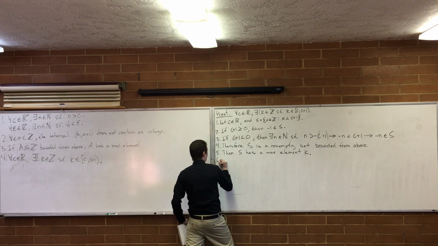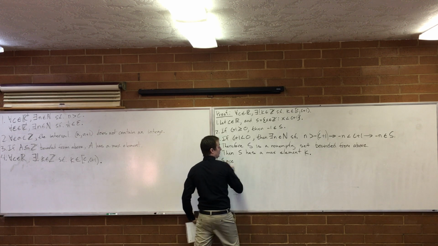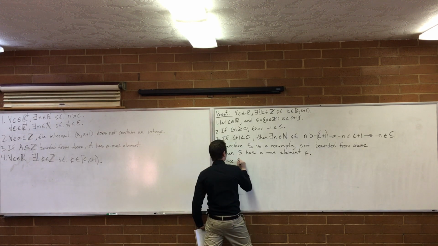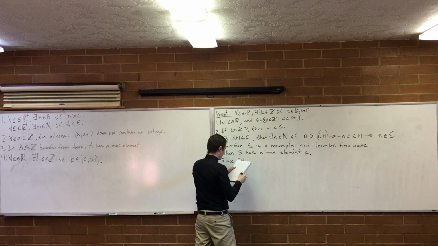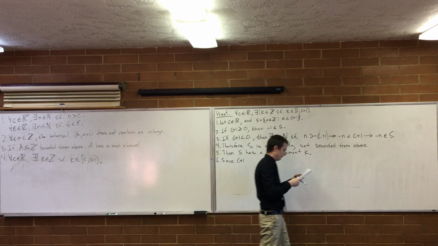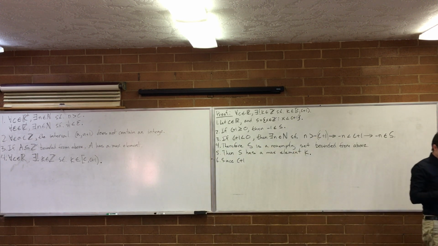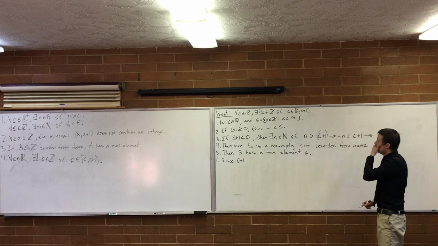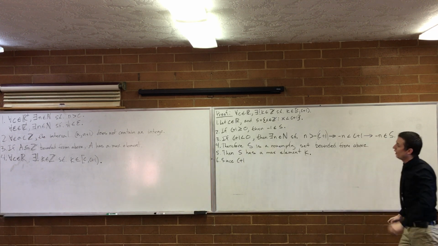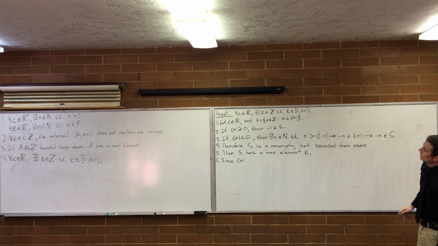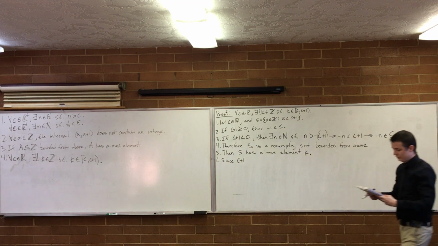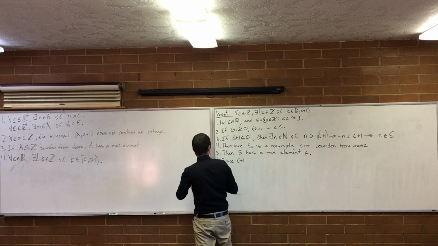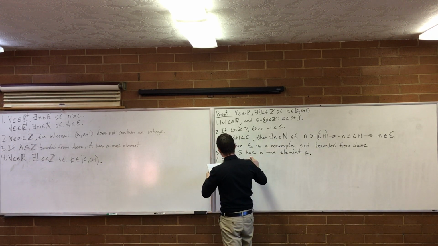So, since c plus 1, well, how can I say this? You've shown that c plus 1 is in between k and k plus 1. I'll write out exactly what I have here and then we'll go over the justification.